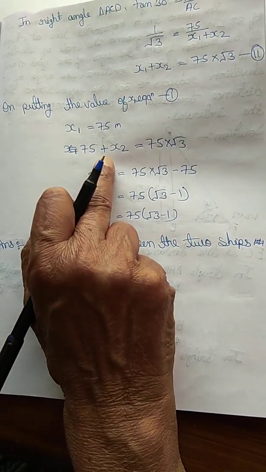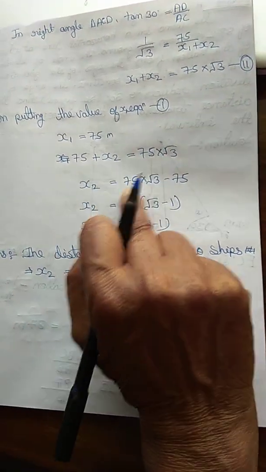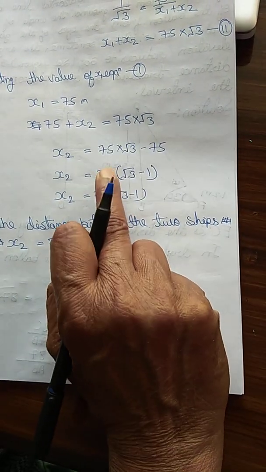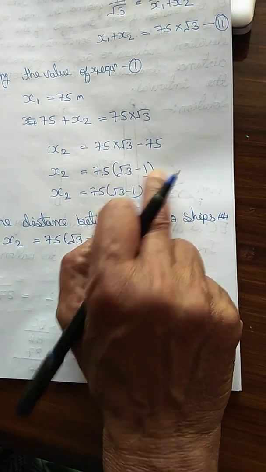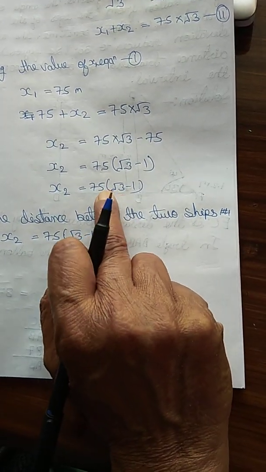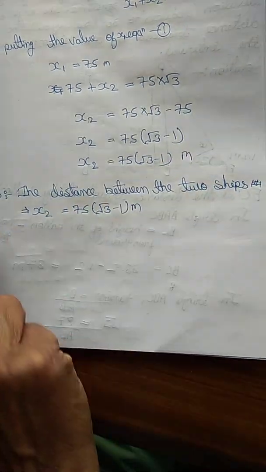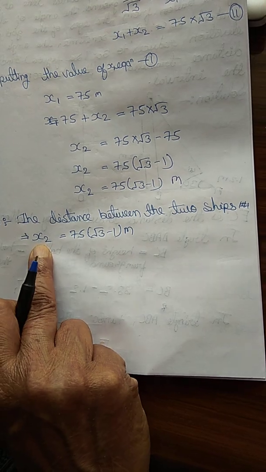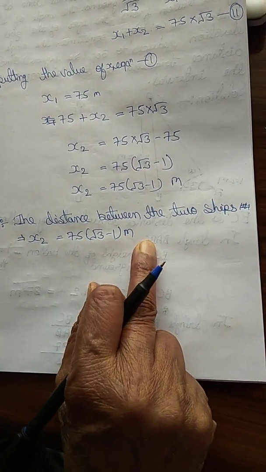So 75 plus x2 is equal to 75 root 3. x2 is 75 root 3 minus 75. Take 75 common, x2 is equal to 75 into root 3 minus 1 meters. So the distance between the two ships is 75(root 3 minus 1) meters.